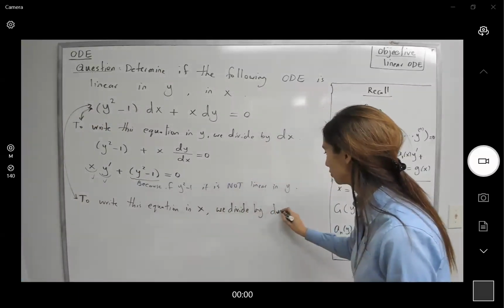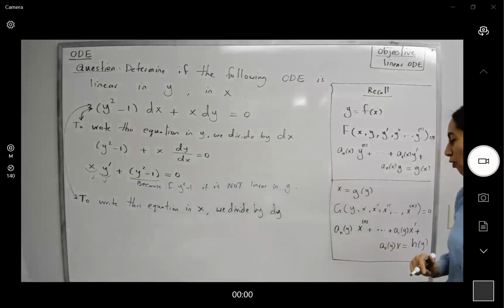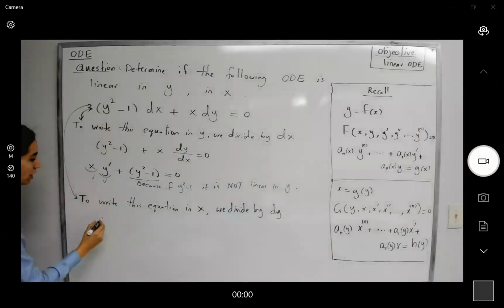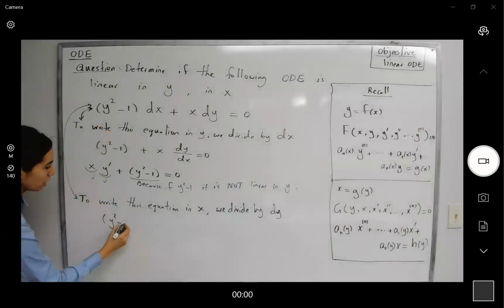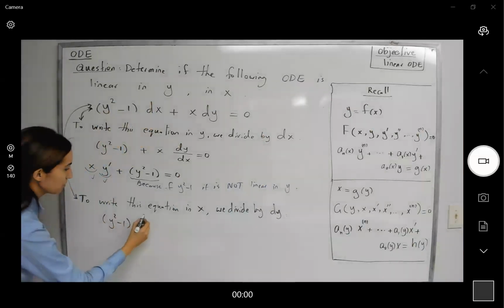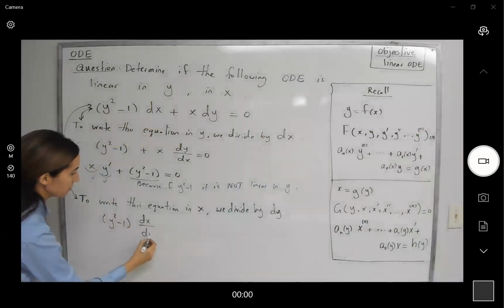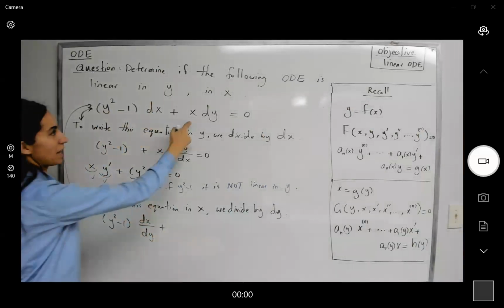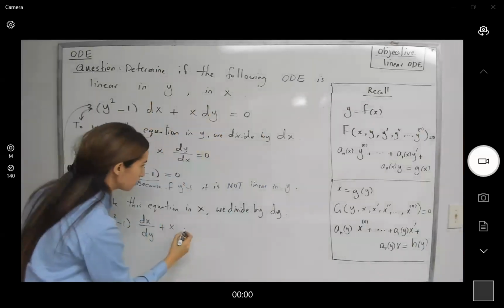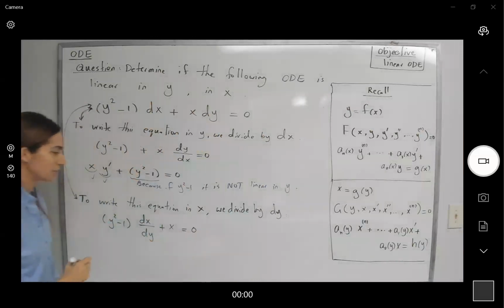Remember that you're trying to create dx over dy, the derivative of x. So what do we have? We have (y squared minus 1) dx divided by dy plus x divided by dy, which is 1, and 0 divided by dy, which is just 0.